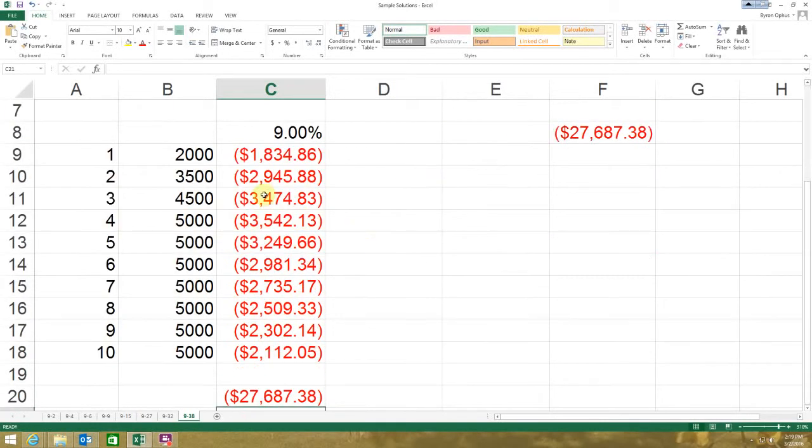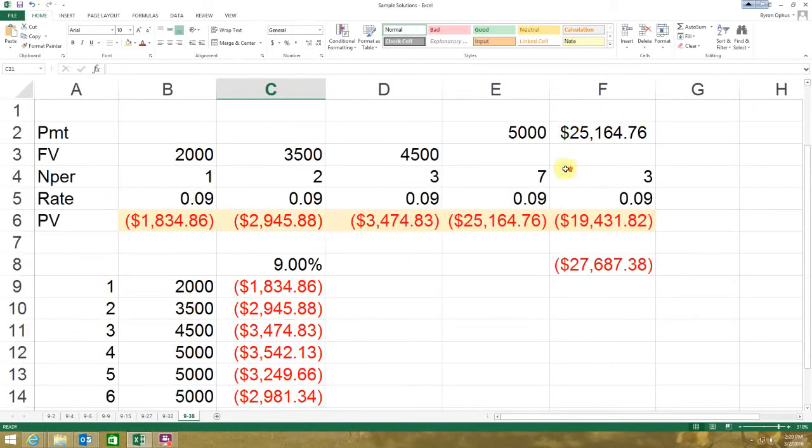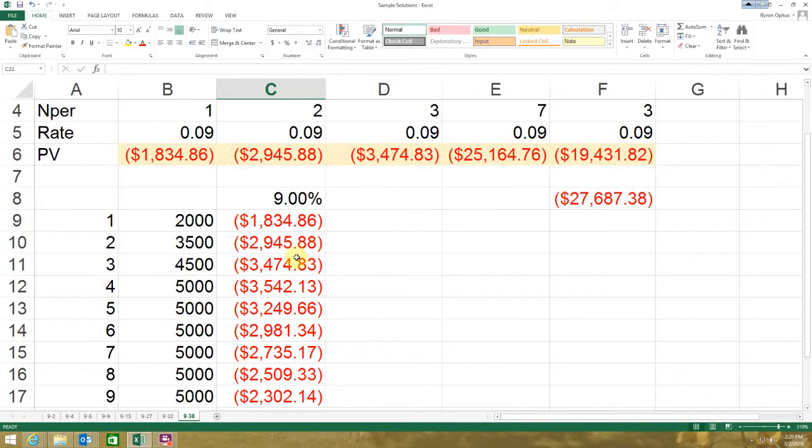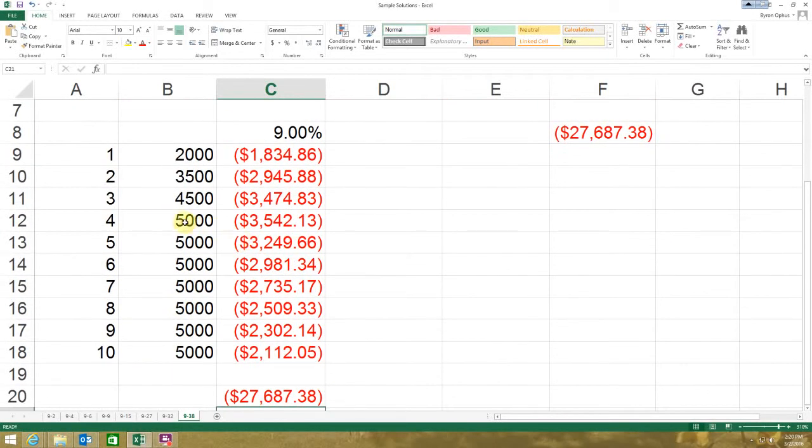It might be easier to look at the timeline, if you're doing it the hard way like I did originally.